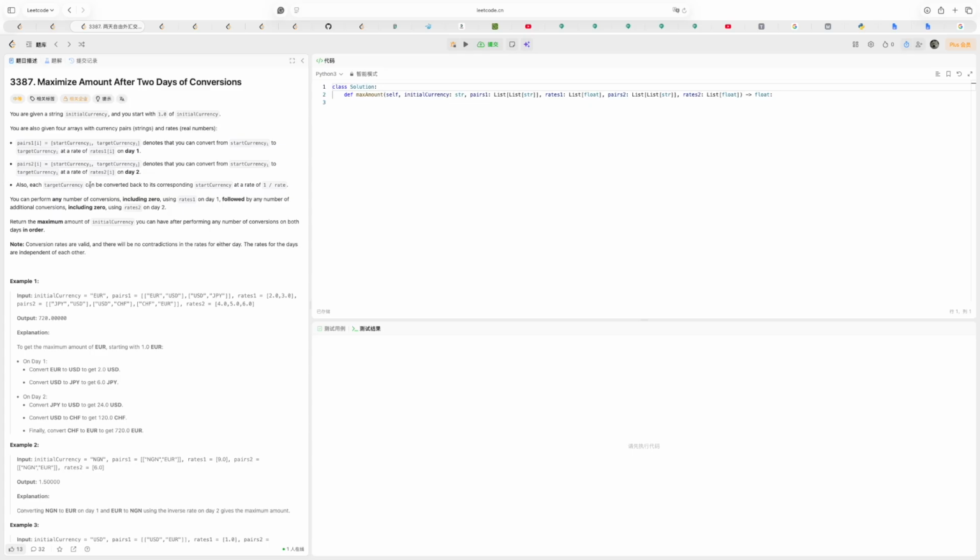Each target currency, you can perform any number of conversions, including 0, using rates 1 on day 1.